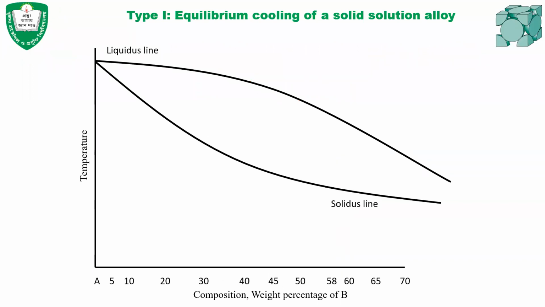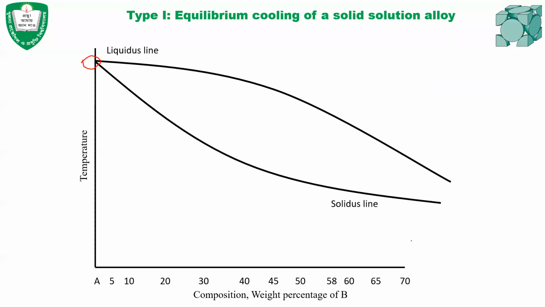In this case, we are considering two elements. One is element A and another one is element B. In the case of element A, the melting point temperature is higher, that is here, the melting point temperature of element A. I didn't include the other one because we're not going to analyze things on the other side.